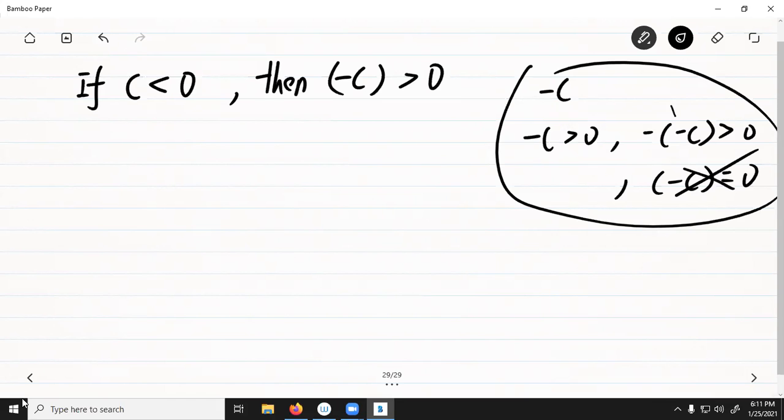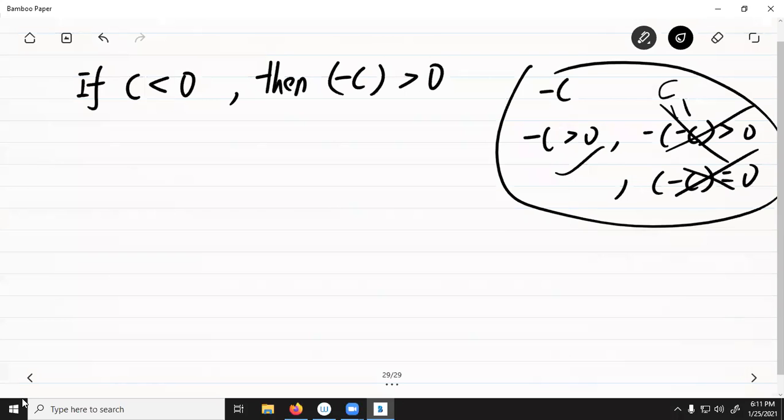Because from the identities we have, negative of negative C equals C, and C is negative, so this case is not true. So you only have this case. You can see it this way: if C is less than 0, then negative C is greater than 0. This is from the positivity axiom.